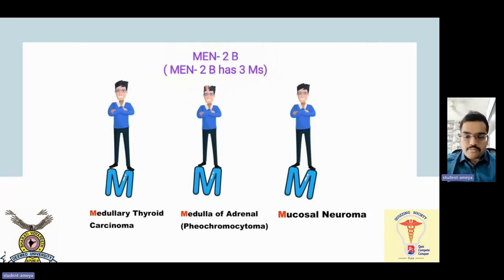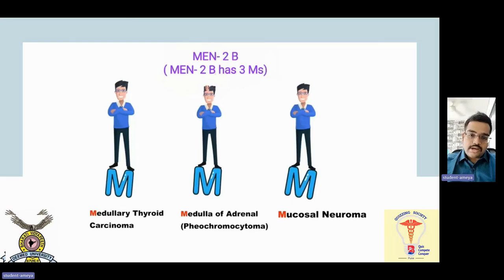Very interestingly, MEN2B is also called as MEN3. Although standard textbooks use the term MEN2B, in some textbooks I also saw the term MEN3, so thought of mentioning. MEN2B is also called as Wagenmann-Froboese syndrome. This is a very classy name and very difficult to remember. So sometimes it has been asked in your NEET PG exam.